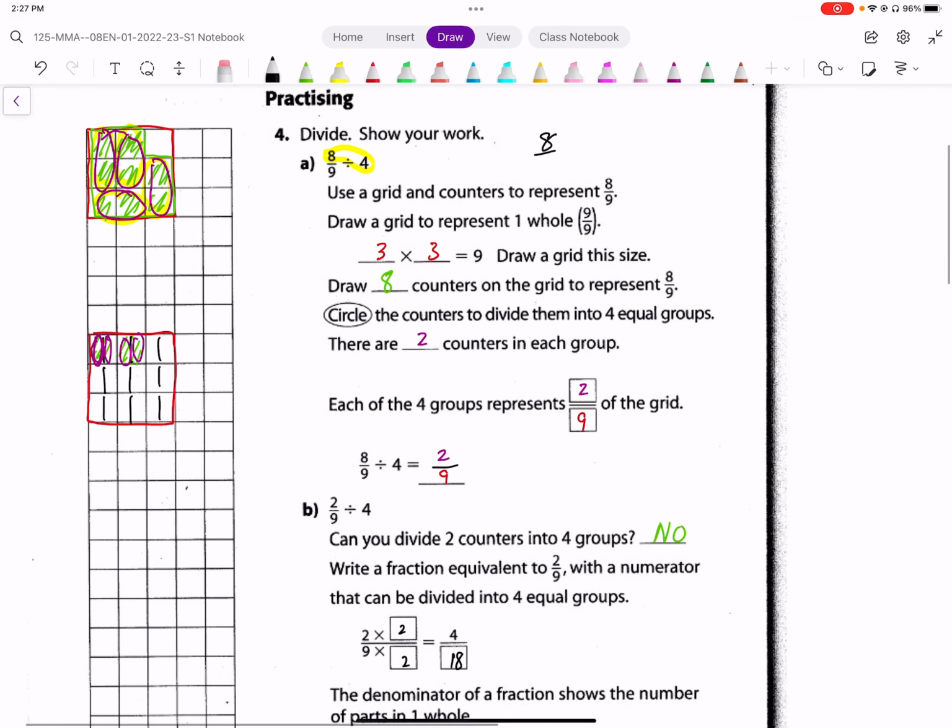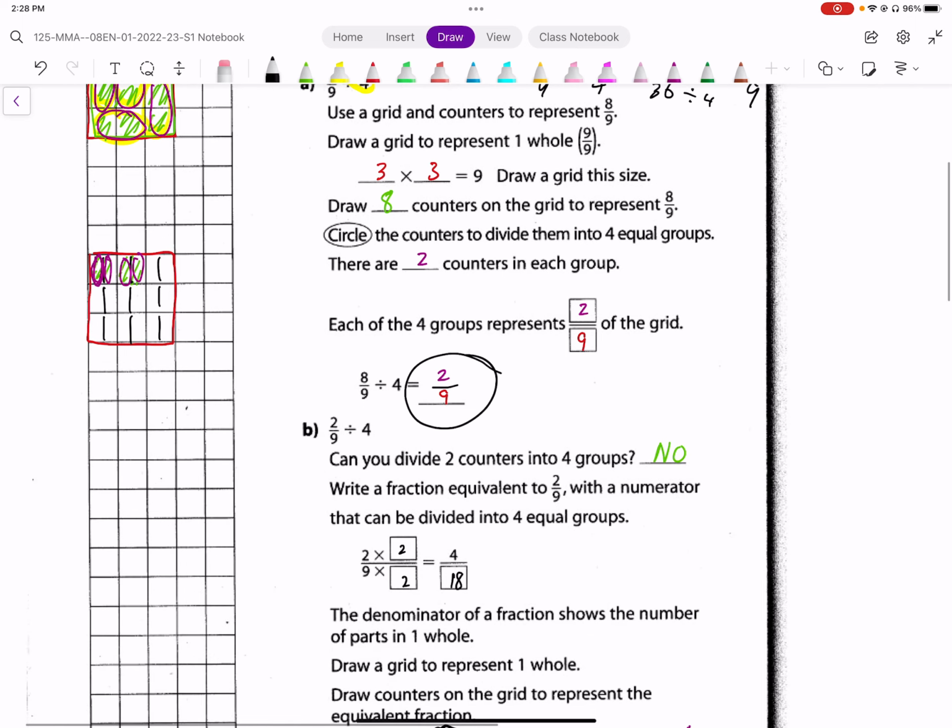So 8 over 9, divide, I change to times, 4, I change to reciprocal, 1 over 4. That gives me 8 out of 36. I can simplify that fraction, divide by 4, and I end up with 2 over 9. Notice that that's the same answer I get here.